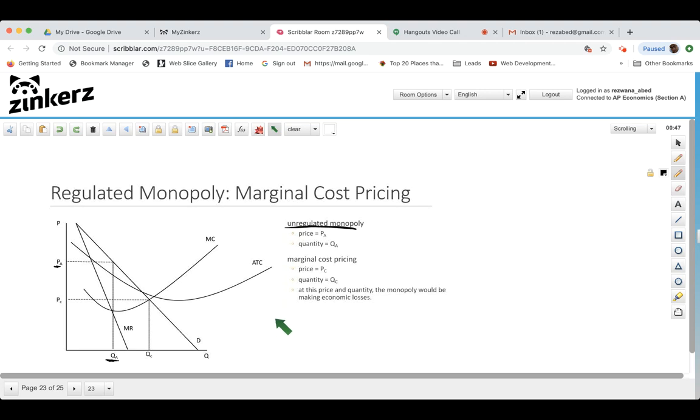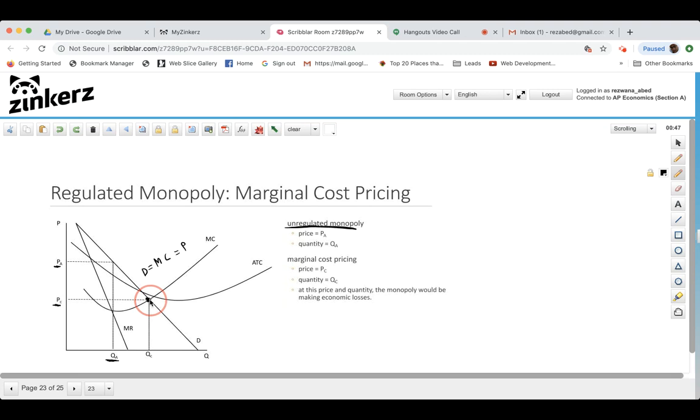They're gonna come in and set a price equal to PC, which is when the marginal cost is equal to demand. So this is when D is equal to marginal cost, which is equal to P. This is the socially optimal price.